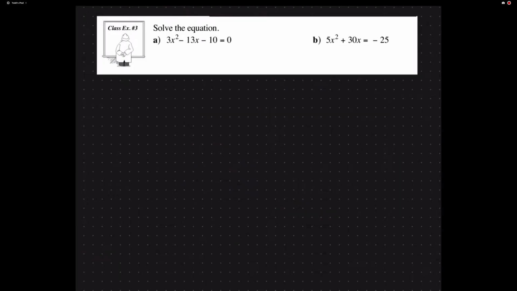Okay, now moving on to our next example, 3. We have another equation here, again denoted by the presence of that equal sign. Let's take a look at the first one here. I've got 3x squared minus 13x minus 10.